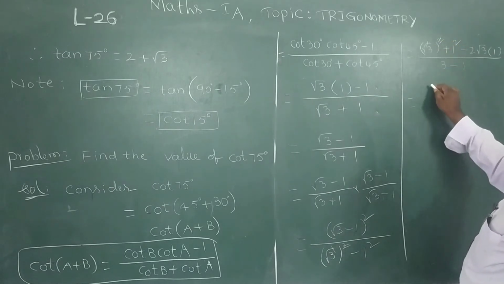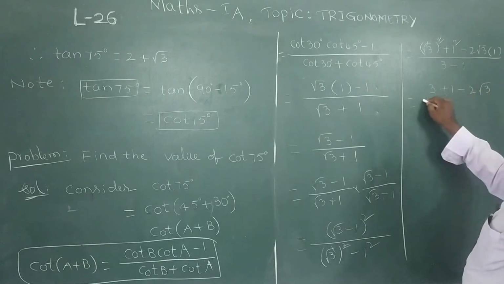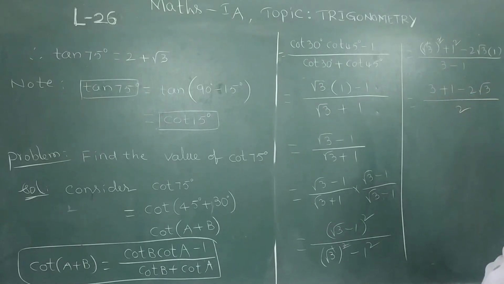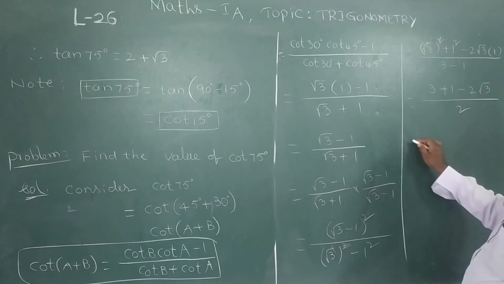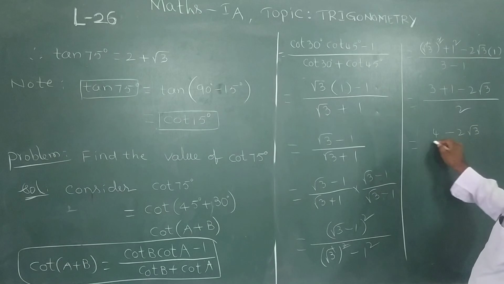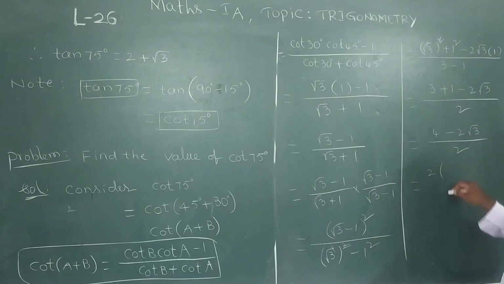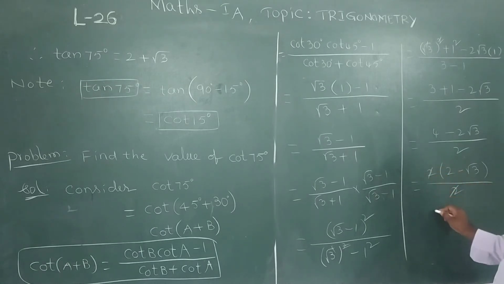Square root get cancelled. 3 plus 1 minus 2 root 3 by 3 minus 1, 2. So 4 minus 2 root 3 by 2. What is common in numerator? 2 is common. 2 minus root 3 by 2. 2 get cancelled. 2 minus root 3.